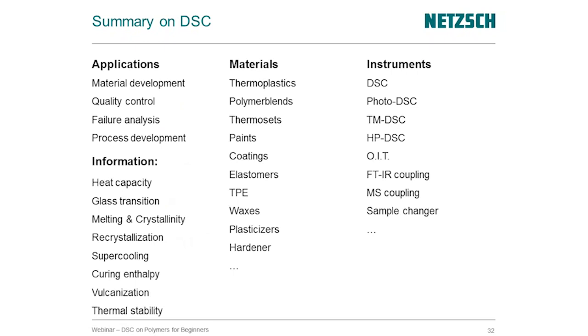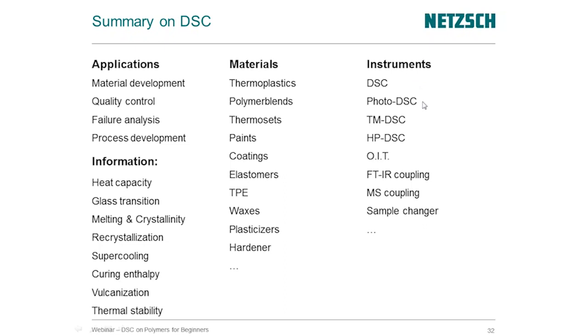Supercooling behavior, curing enthalpies, vulcanization, thermal stability, also thermoplastics. Some of the materials we could be looking at are thermoplastics, blends of polymers, thermosets, paints, coatings, elastomers, thermoplastic elastomers, waxes, plasticizers, hardeners. And in the area of instruments, we could be using DSC, photo DSC.